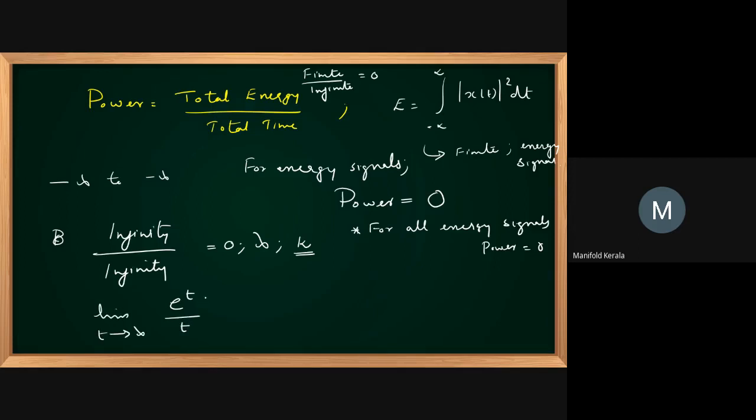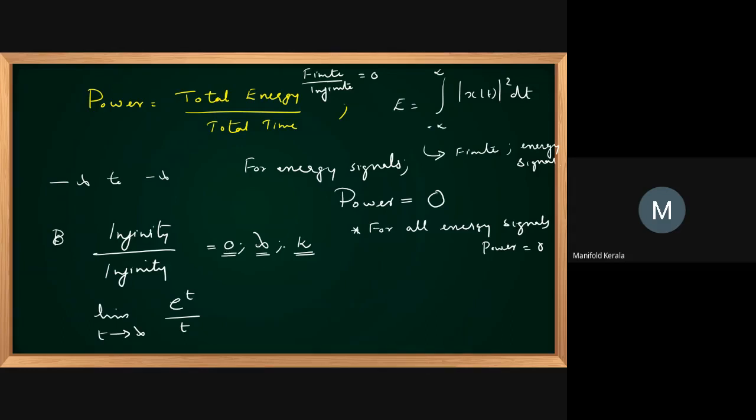Numerator is going to infinity, denominator is also going to infinity. Can anybody tell me the answer? It can only be 0, infinity, or any constant k.